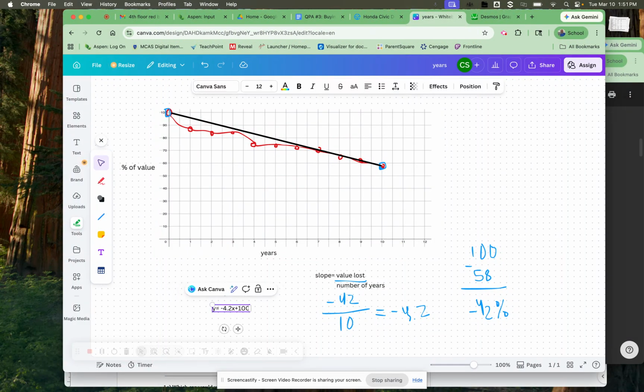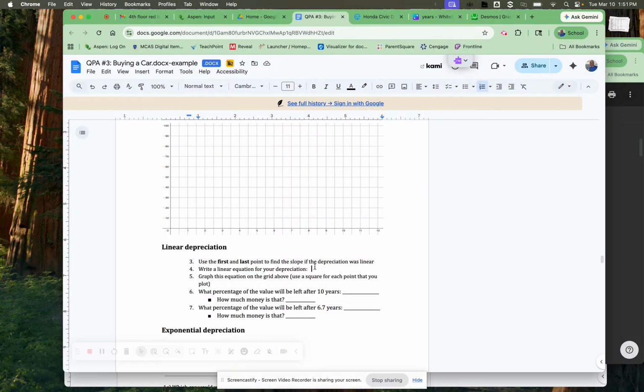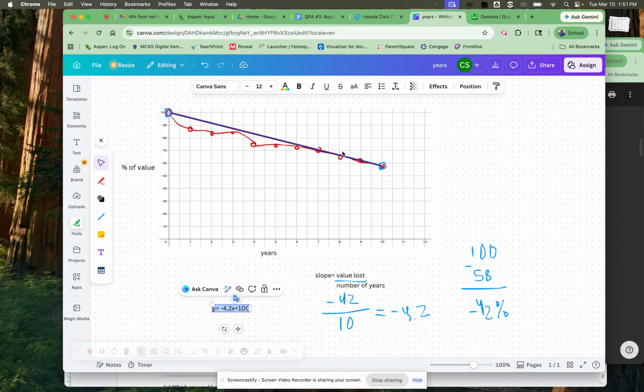It's going to be 100%. So this is my equation right here: negative 4.2x plus 100. So I've already graphed it. That's what I just did with my squares.